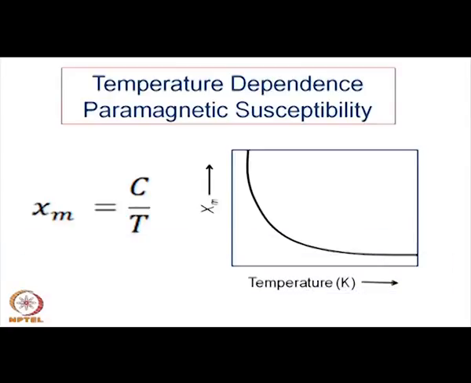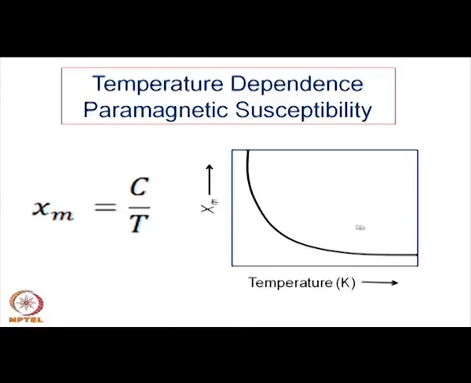Now the temperature dependence of paramagnetic susceptibility. As temperature increases, chi m, the susceptibility, decreases, which is quite understandable, because in a crystal or solid there are atoms, and each atom has magnetic moments aligned in a particular direction.